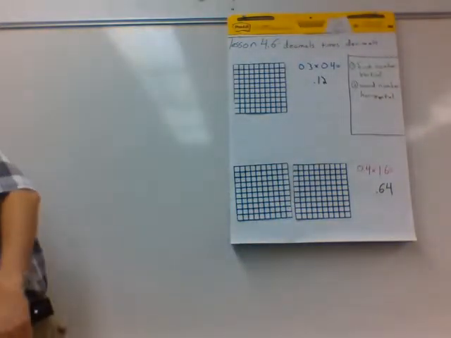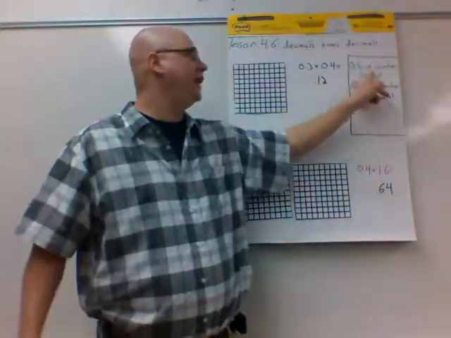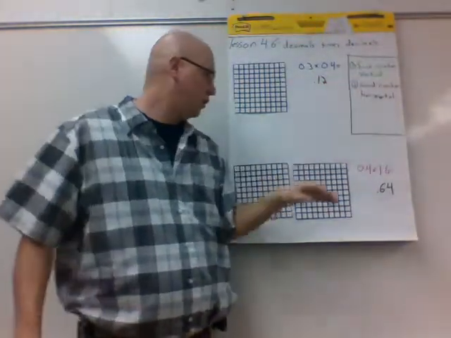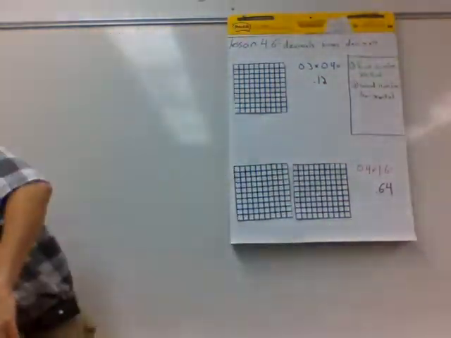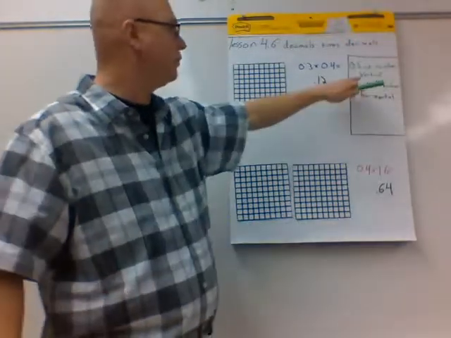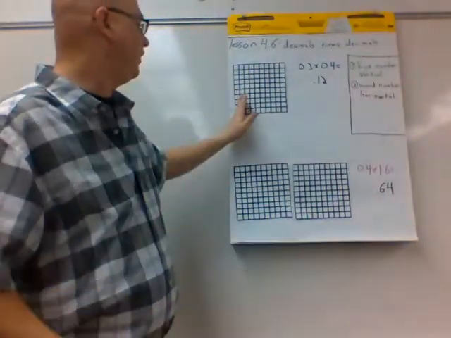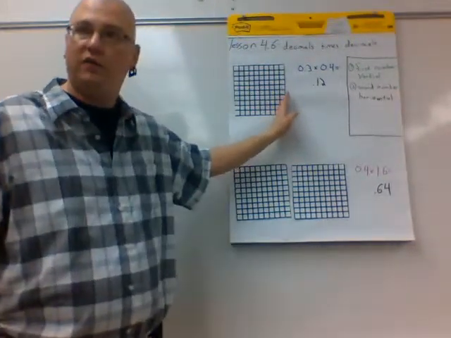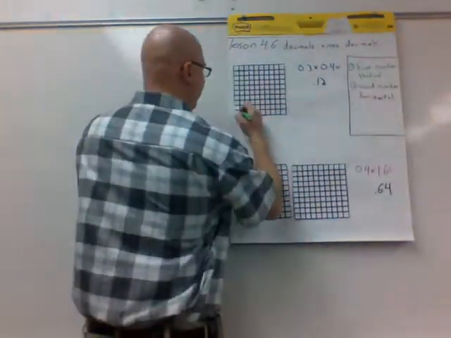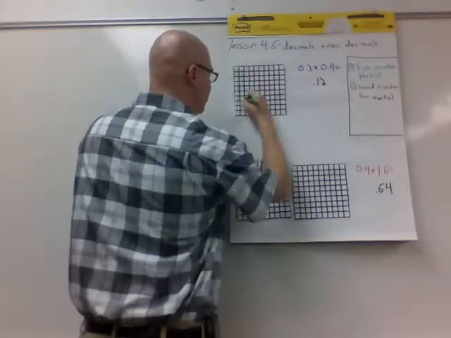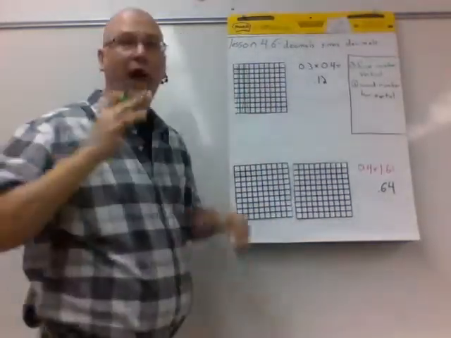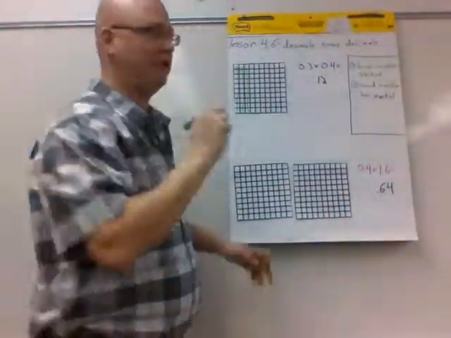So, first step, shade the first number vertically. So that means our first number is 3/10. We know that if this is a 100 block, tenths are a full stick. So I'm going to vertically shade in 3/10.